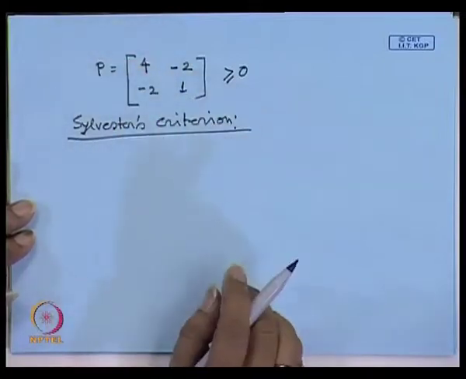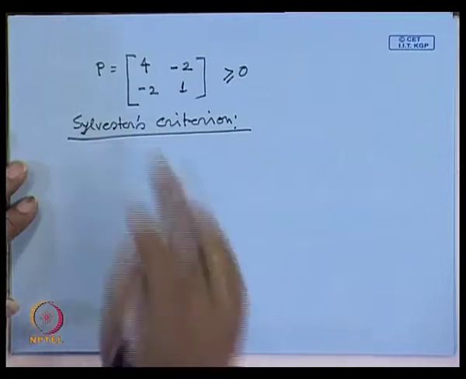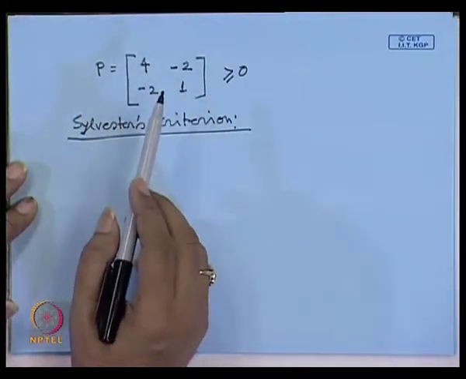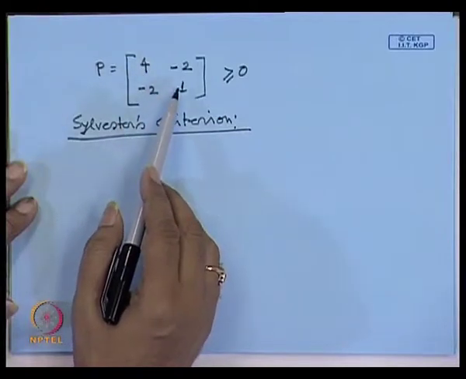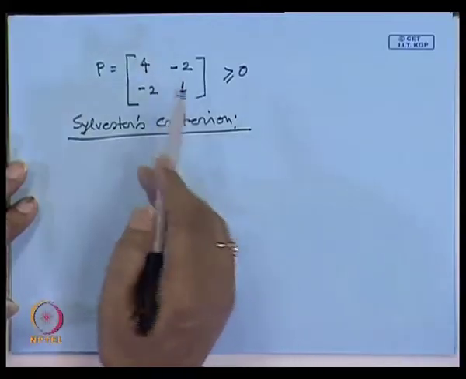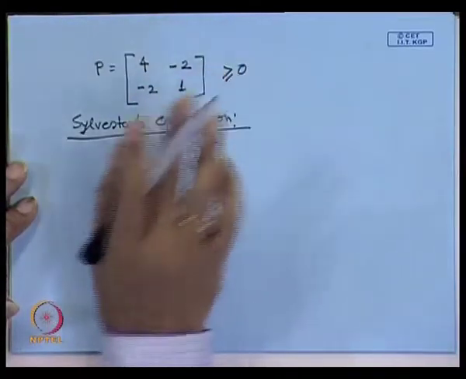Look at this one, a positive semi-definite matrix. I have to prove it. That function means P must be a positive definite matrix. All the diagonal elements will be greater than or equal to 0. It may be 0, as in this case with one element, but it cannot be negative.